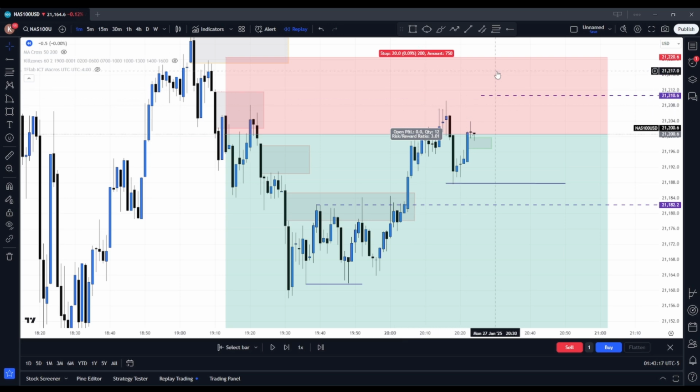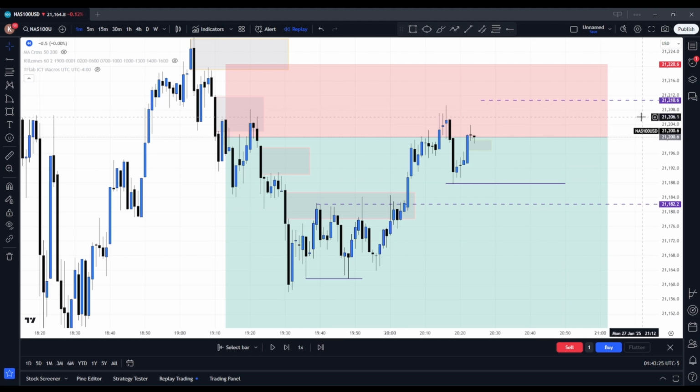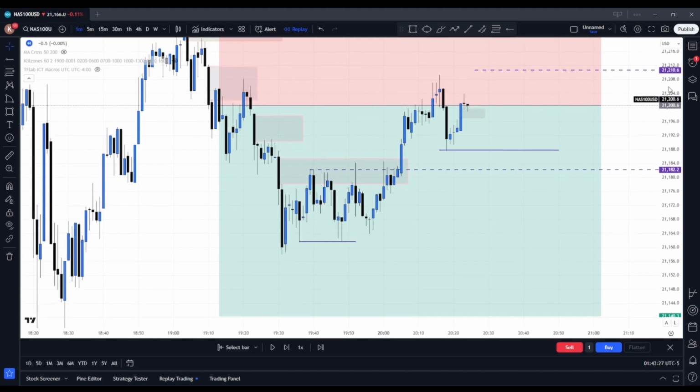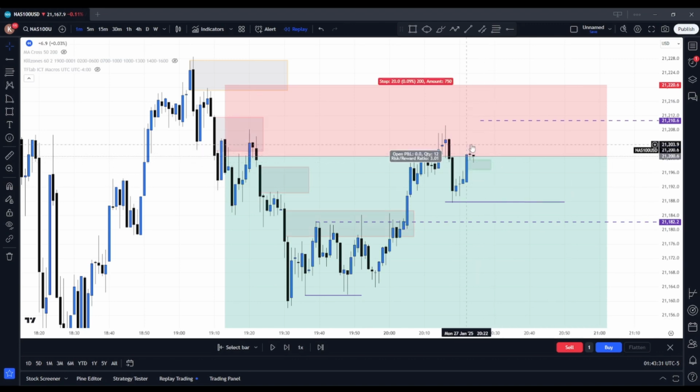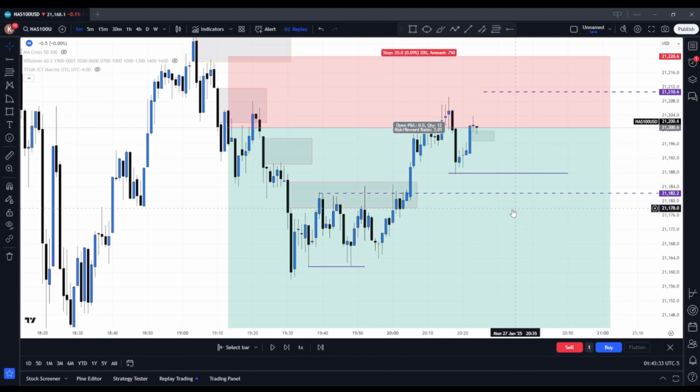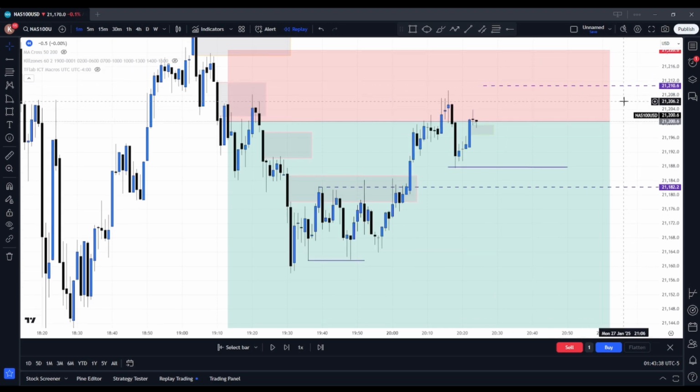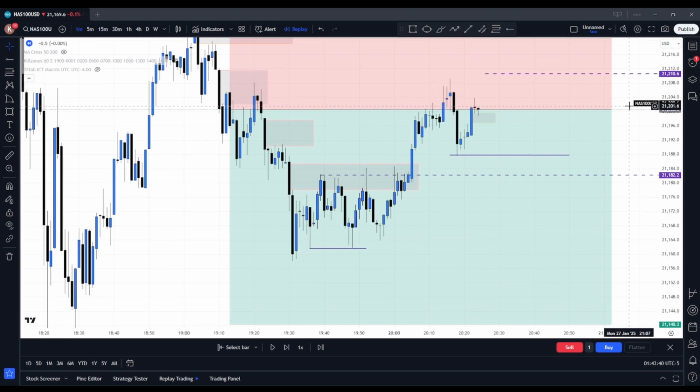Because at that point, I'm giving the trade room to run while also managing risk. So yeah, I'm also losing my profits in half, but it's also giving me the ability to stay in the trade as opposed to cutting the trade off completely and then re-entering, which is a whole other thing.